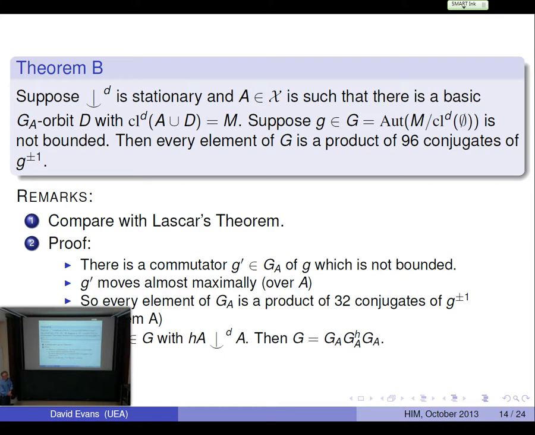And then you apply the Tent-Ziegler theorem A. That means that every element of the pointwise stabilizer of capital A is a product of 32 conjugates of g to the plus or minus 1. Then, and it's almost an exercise, it's in Laskar's paper, if you take something in G which moves A to something independent from itself over the empty set, then G can be written as a product of 3 copies of that pointwise stabilizer, and so you get 3 times 32, which is 96, which is the number in there.